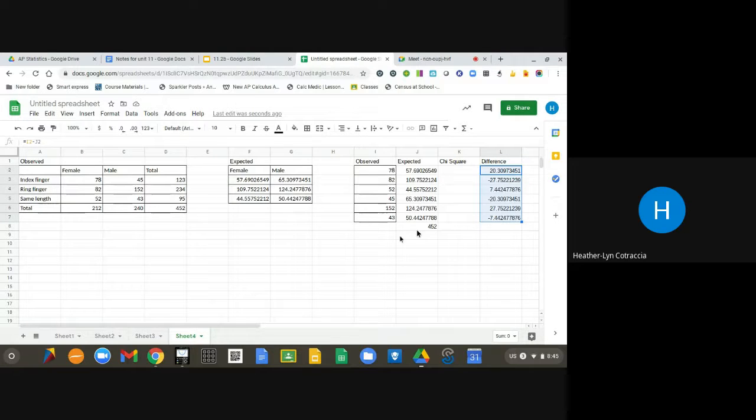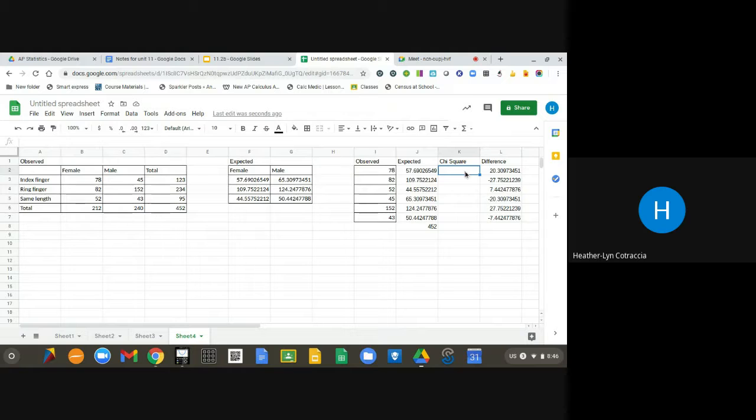The one that represents the 82, so female with ring fingers, is very unexpected. And the 152, which is the male with the ring fingers, is also unexpected because those are the farthest numbers away from the mean. And the ones that are closest to their predicted value would be the same length, both female and male. So I just found the differences and thought that was kind of interesting.